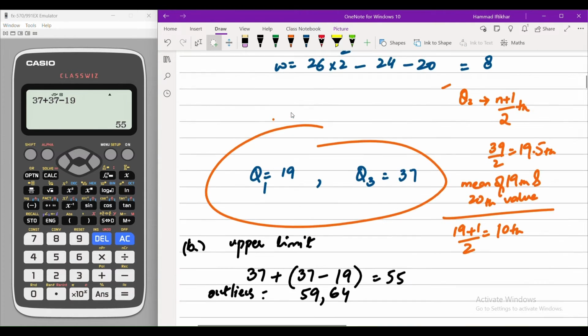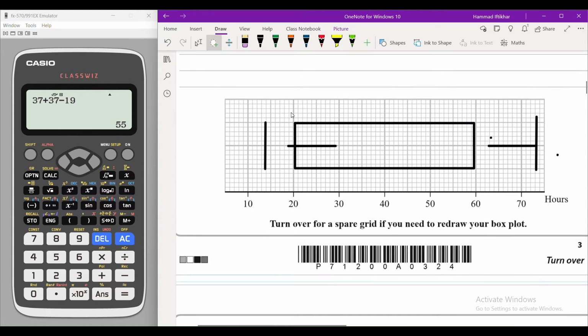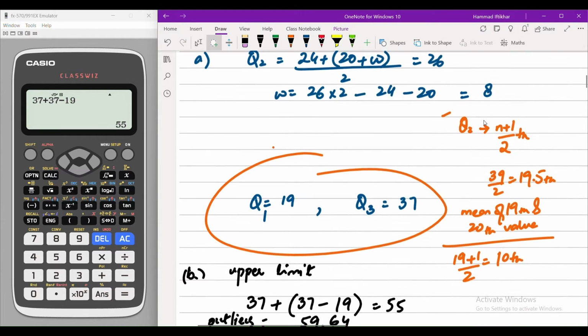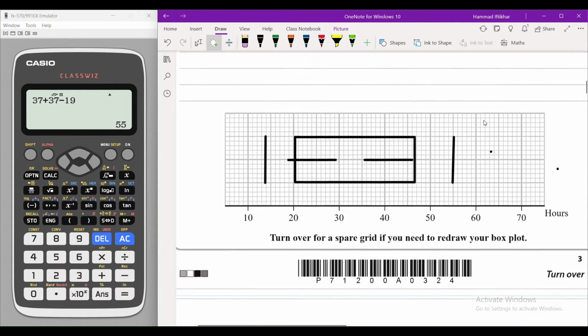The maximum accepted value is 55. Then we have lower quartile 19, upper quartile 37.